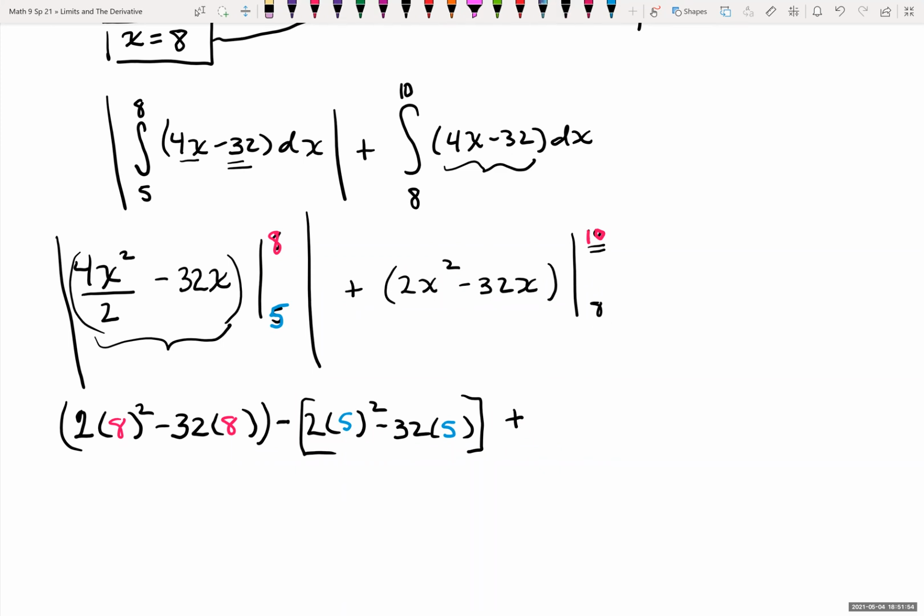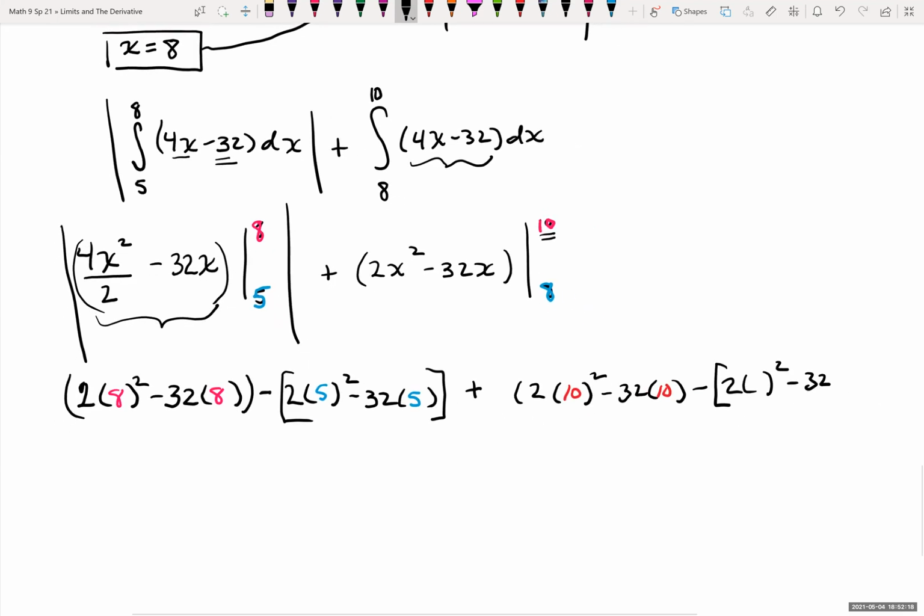So we have 2 times 10 squared minus 32 times 10, minus, now plugging in 8, 2 times 8 squared minus 32 times 8. Okay, and I need absolute values here.